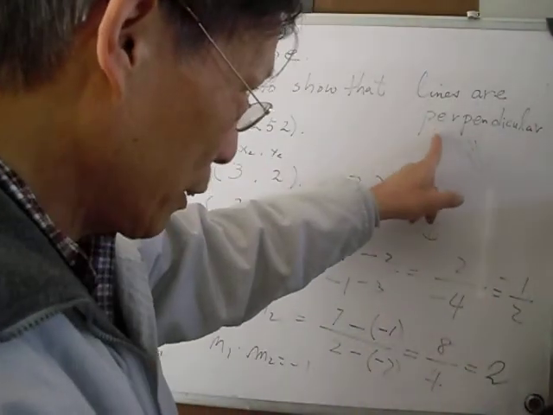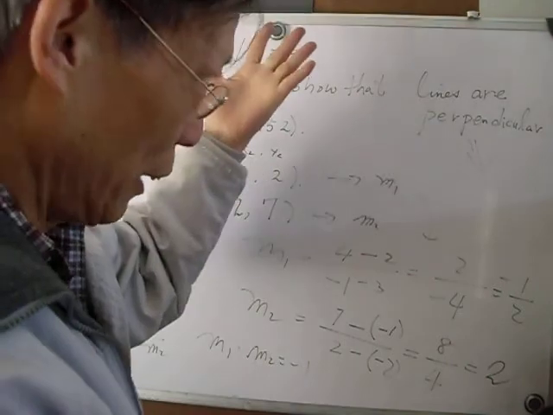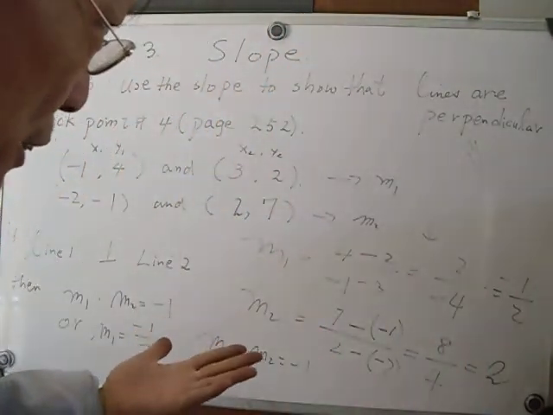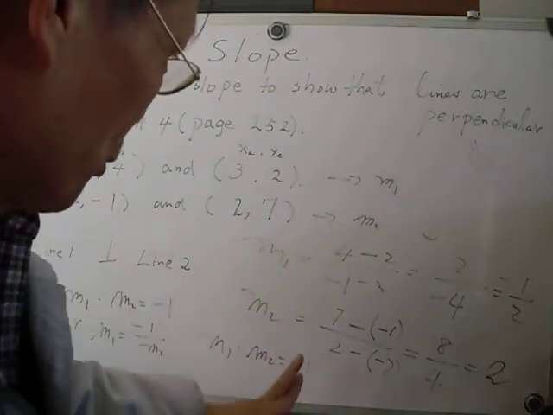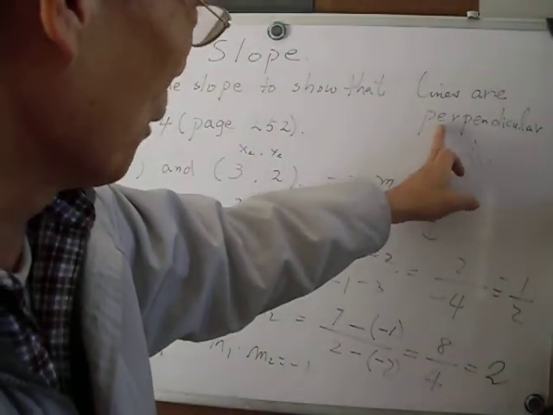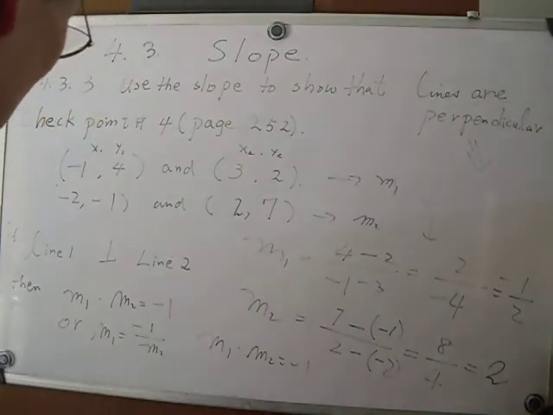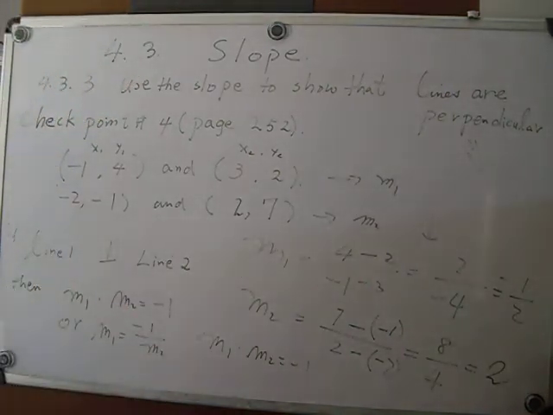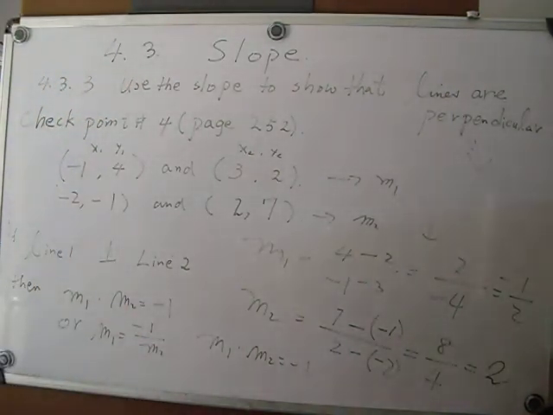You have got to make a good conclusion, otherwise you cannot assume I understand you. You show this, and then make your conclusion. They are perpendicular to each other. Okay? This is our example for 4.3.